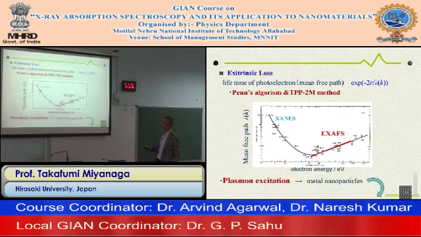On the other hand, for smaller particles, plasmon excitation is effective. So in this part, we discuss how to take plasmon excitation into account for the electron mean free path.